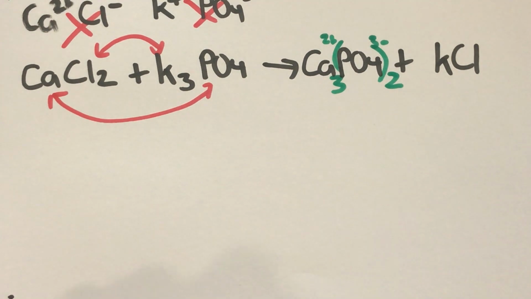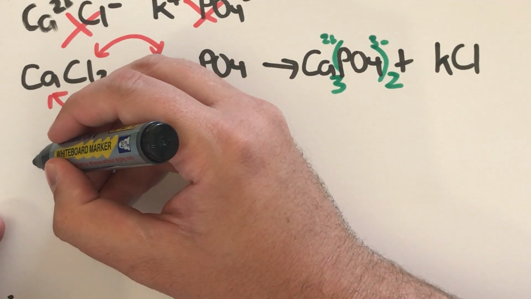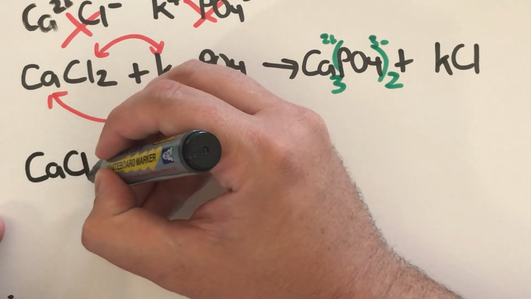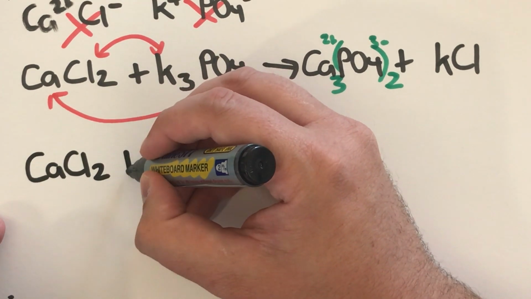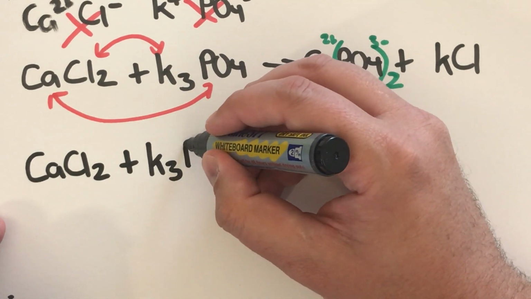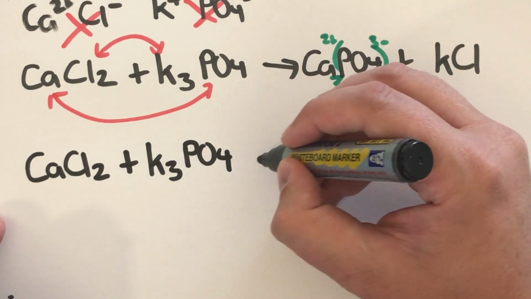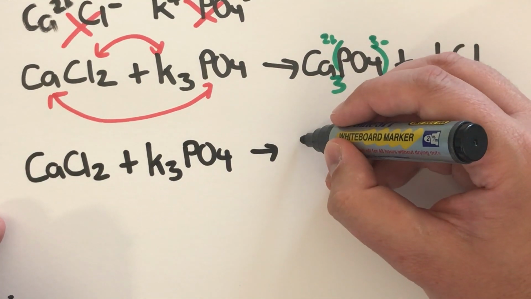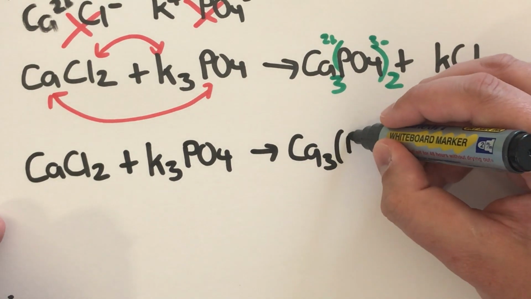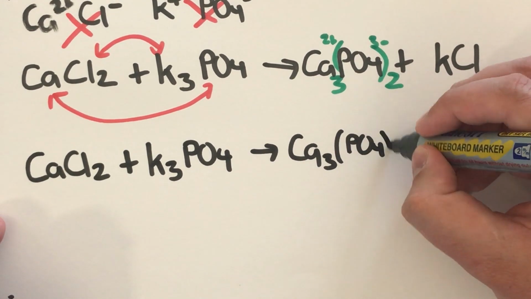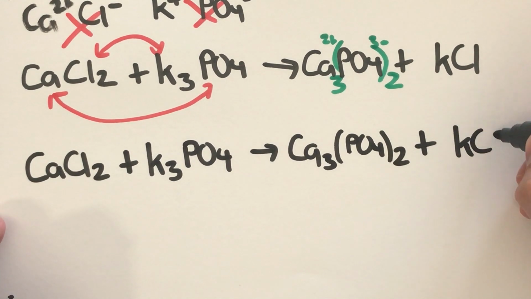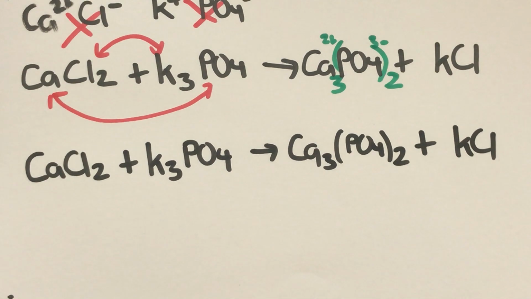Now let's rewrite this so it's a little bit clearer. Calcium 3, brackets, PO4 2 plus KCl. Okay.